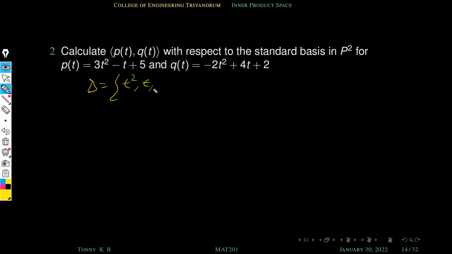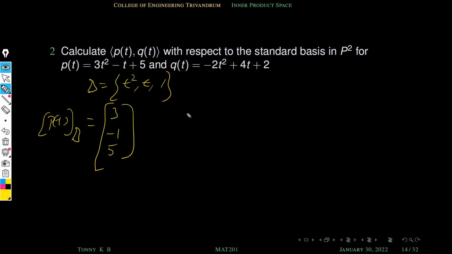Yes, t square, t, 1. Then what is the coordinate of p of t with respect to b? First you write p of t in terms of the basis elements, then you write the coefficients. So it is clear that it is 3, minus 1, 5. And similarly the coordinate of q of t with respect to b is minus 2, 4, 2.